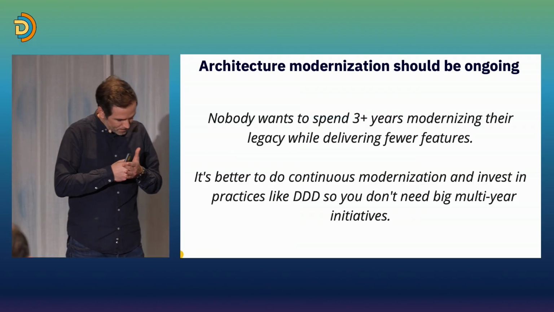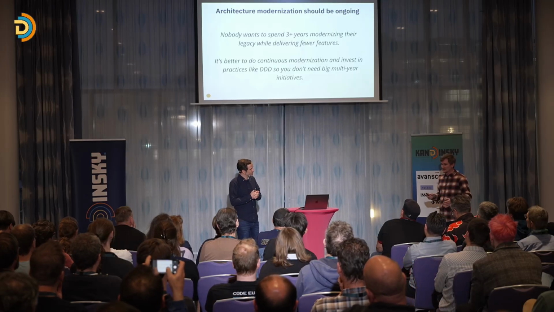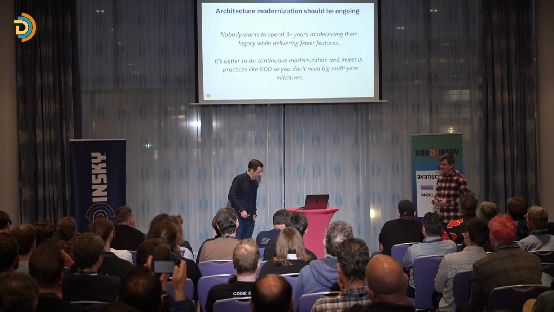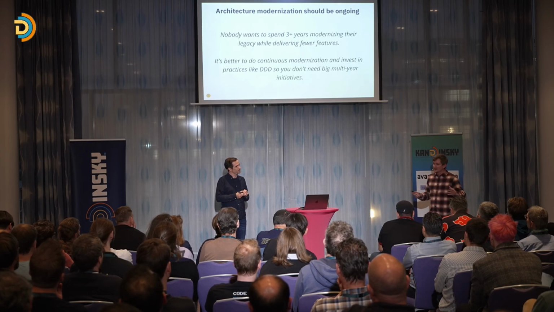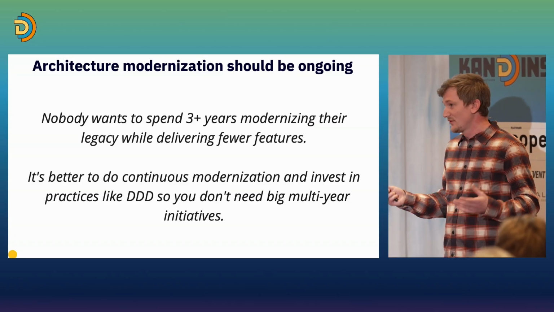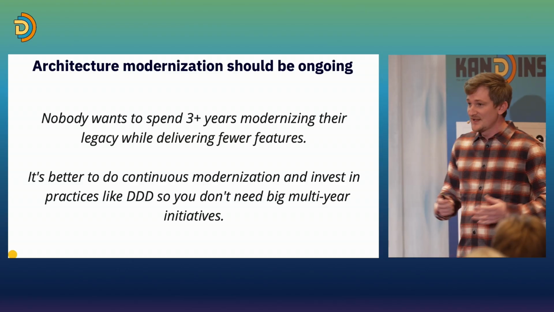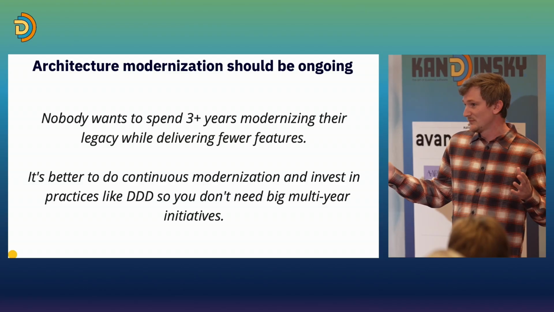Okay, so we'll get into some details now, share some more concrete examples, but just a very quick question that always comes up, and maybe some of you already have this. People are always asking, but shouldn't modernization be an ongoing thing? You shouldn't need to have these big 2 or 3 year projects, or maybe even longer. And I always say yes, if you continuously invest in your architecture, you don't need to have these multi-year projects.